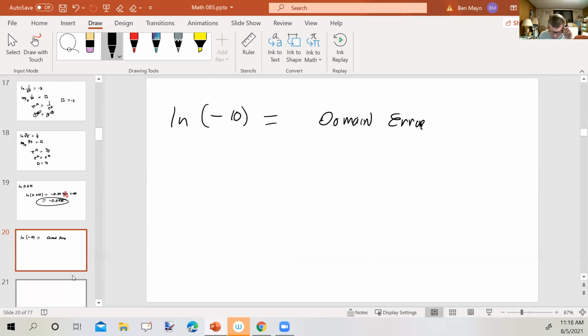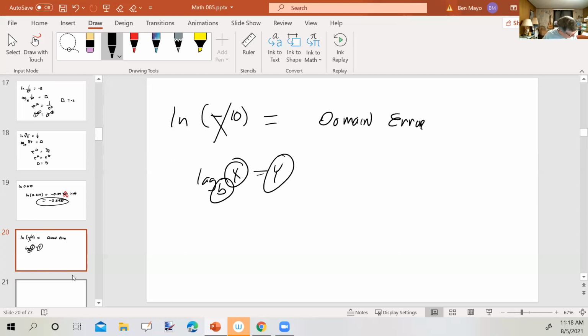Recall yesterday we talked about that if you have log base b of x equals y, the base has to be greater than 0. The quantity you're taking the log of has to be greater than 0. The answer can be any real number, but you can't take the log of a negative number and you can't take the log of 0. So domain error, meaning the input is not acceptable.